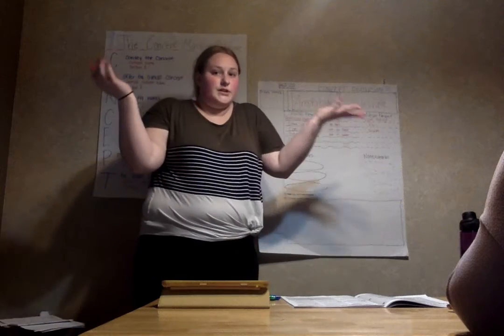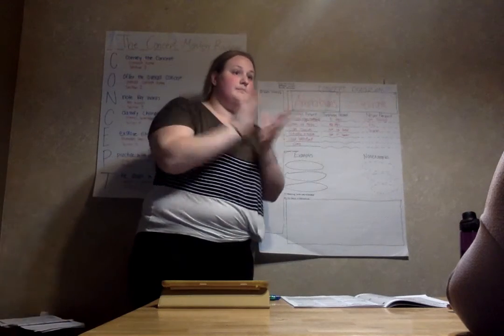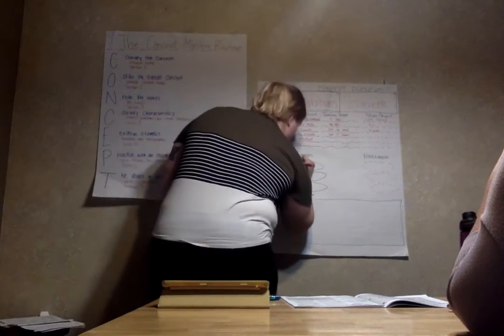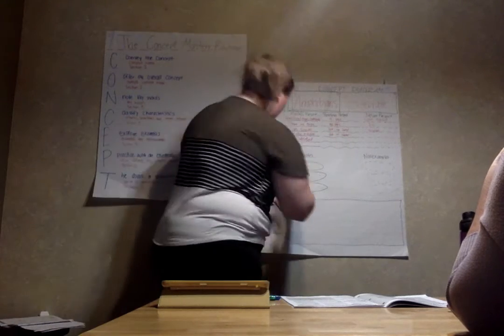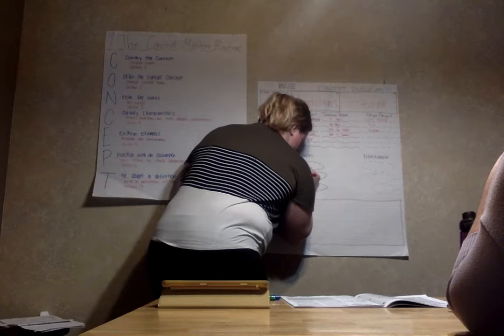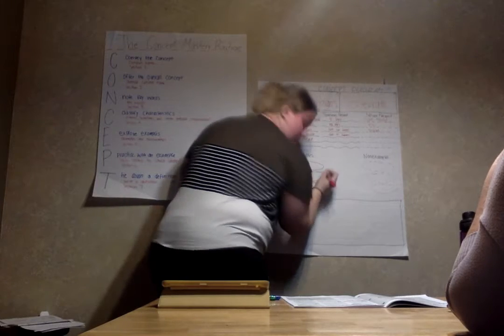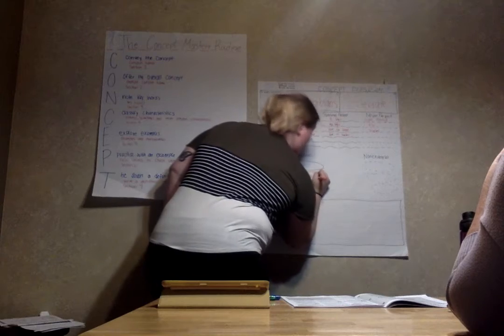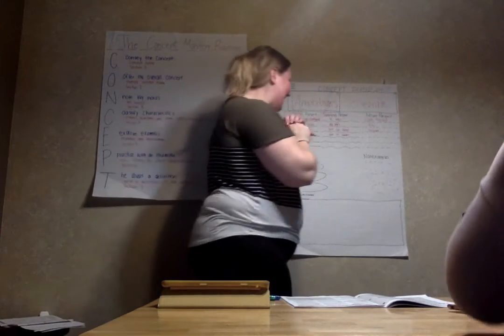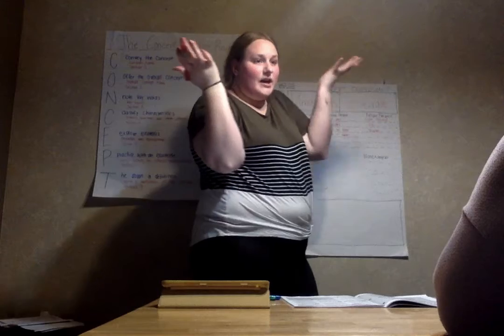So now that we've done our C, we're going to move on to our E. So like I said, what's an example of an amphibian? A frog. Good job. And then a salamander is another one. Now a non-example, something that's not an amphibian.